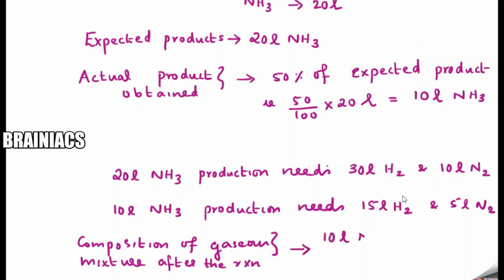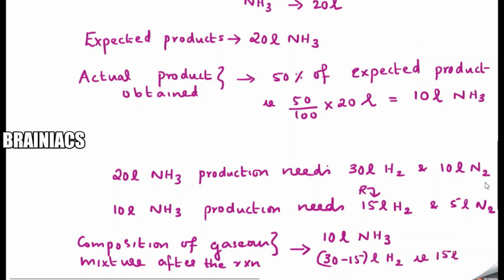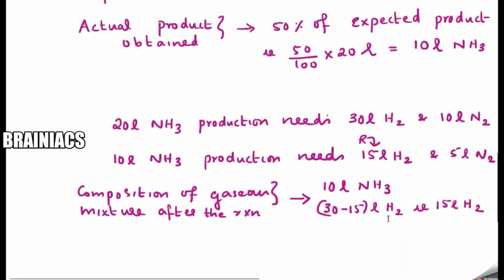So 10 liter ammonia will be there, that is one thing. And 15 liter hydrogen is used in the reaction. This is a reactant, correct. So what is left behind? Initially 30 liter were there, 15 liter is used. So 30 minus 15, that is 15 liter hydrogen is left behind as composition present in the reaction medium.